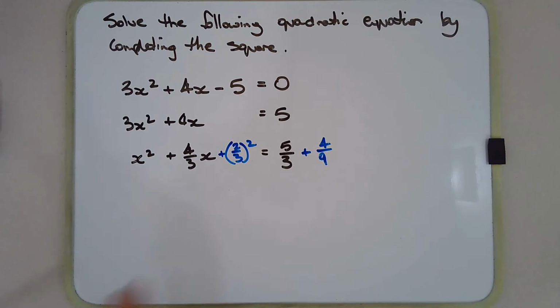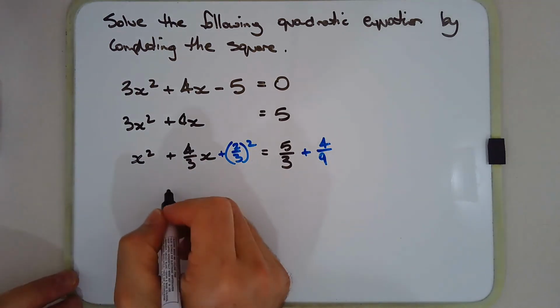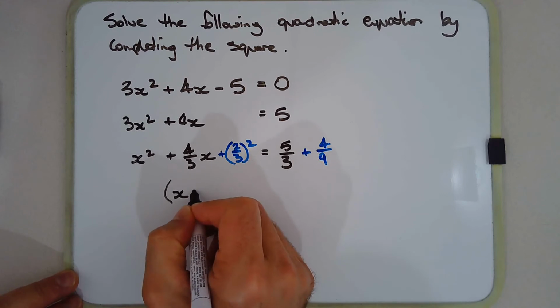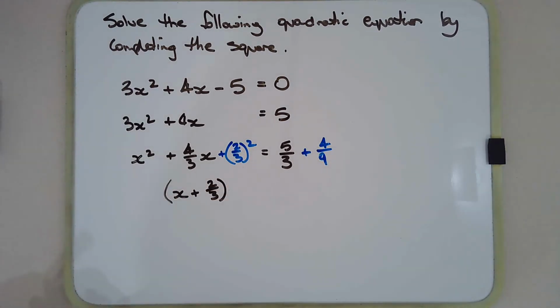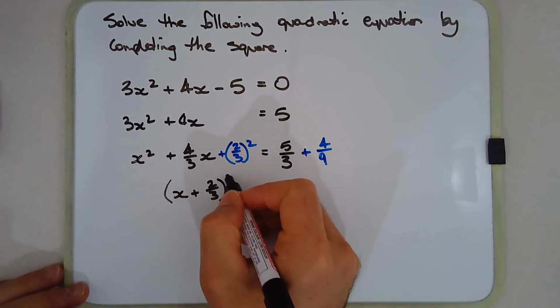Now we have a perfect square on the left-hand side. Again, that's very nice, and that's one of the reasons why completing the square is a very powerful strategy. So we factorize the left-hand side of the equation. We have x plus 2 on 3 all squared.